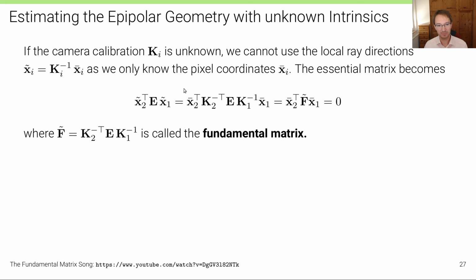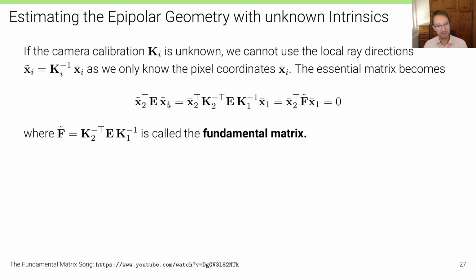And therefore the essential matrix from before becomes this. Right? We know that the local ray directions are defined as such: x1 is equal to K1 inverse times x bar 1. This expression here, and the same for x2, here just transposed.